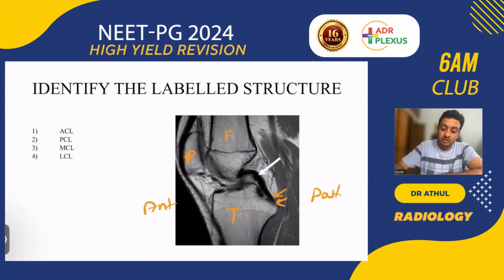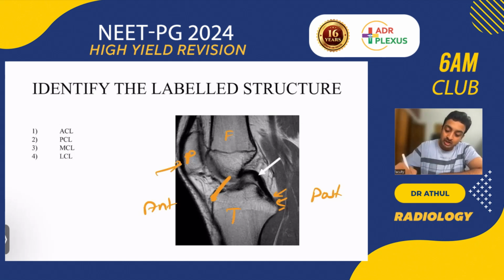So if you are seeing a ligament attached to the posterior part of tibia, no, it is not ACL. ACL is a ligament that is attached to the anterior portion of tibia. The name anterior cruciate ligament means it is attached to the anterior portion of tibia. Here this is the patella, so this is the posterior portion. So don't make this mistake in exam. It is not ACL, it is PCL.